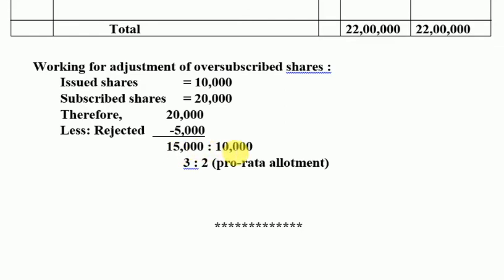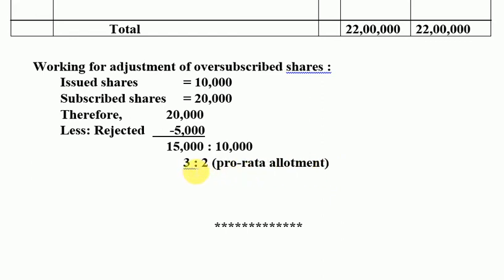Again, your subscribed shares was 20,000, which after rejection of 5,000 comes to 15,000, and the issued shares should always be on the right. So 15,000 is to 10,000 gives us the ratio 3 is to 2. This is pro rata allotment. So those who applied for 3 shares will be allotted 2 shares by the company.